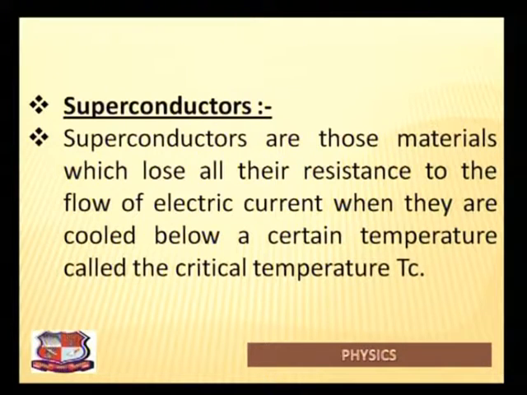Basically, a superconductor is a material that loses its resistivity below a particular value of temperature. That particular temperature is called the transition temperature. Below the transition temperature, superconducting materials behave as having zero electrical resistivity.